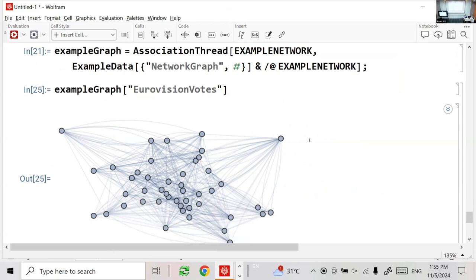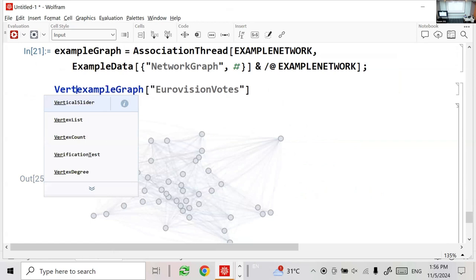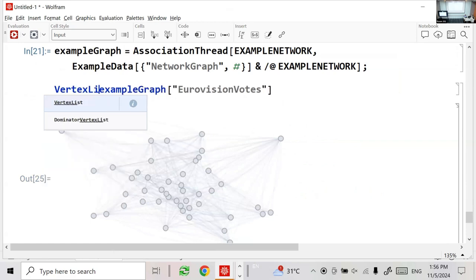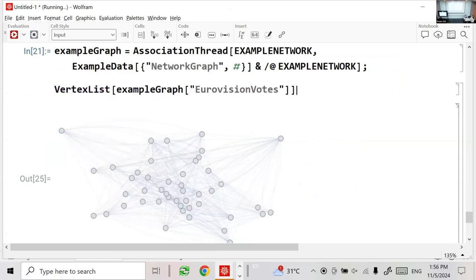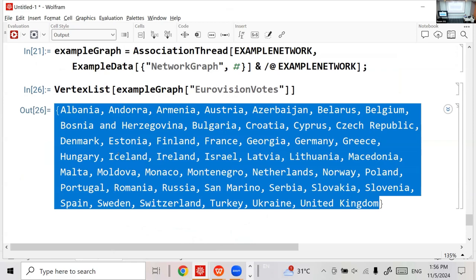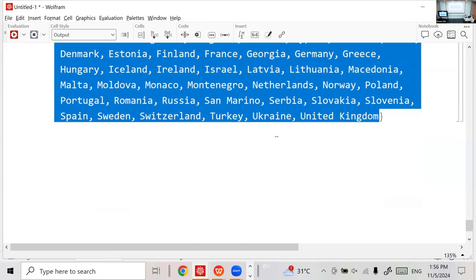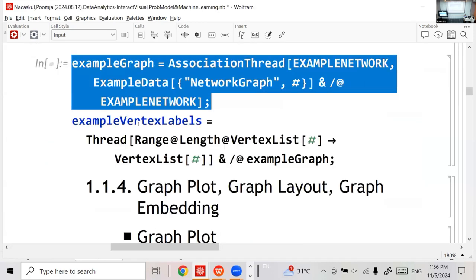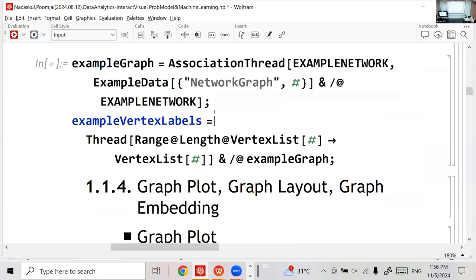Now for this data set, since it's an example, they give you a vertex list. So that gives you the country. So not only do I have the labels.